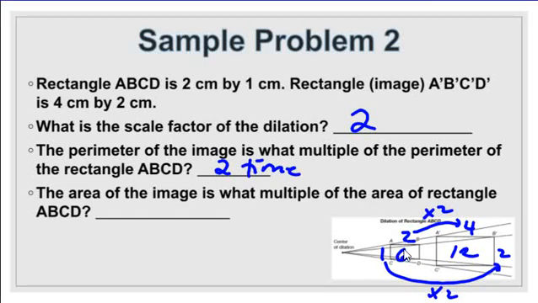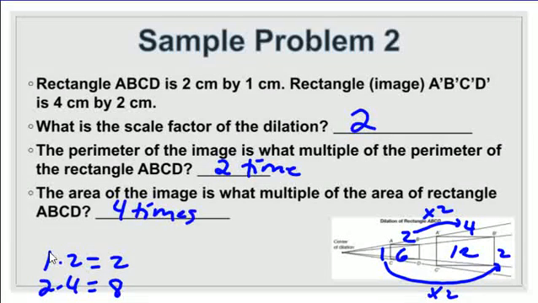And then the area of the image is what multiple of the area of ABCD? The area of the smaller rectangle is 1 times 2, which gives you 2, and the area of the bigger rectangle would be 2 times 4, which is 8. To get from 2 to 8 is 4 times the size.